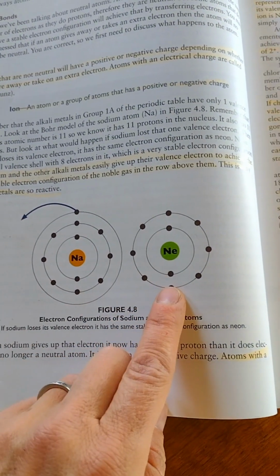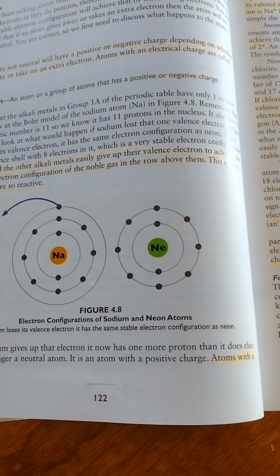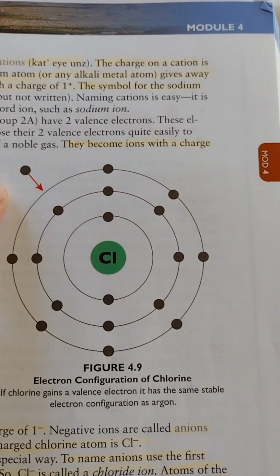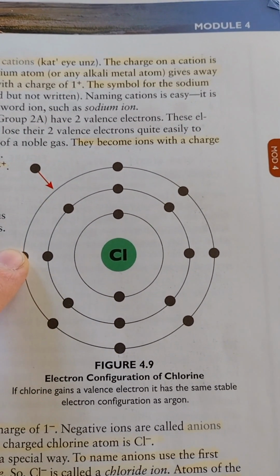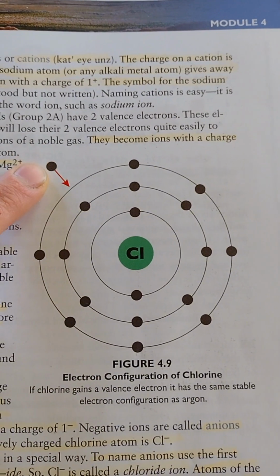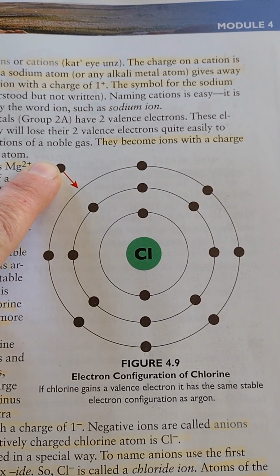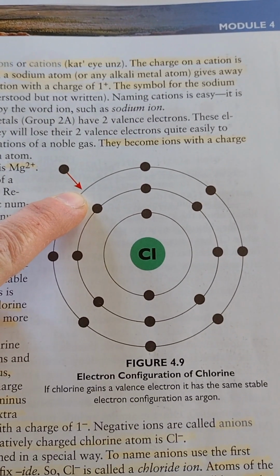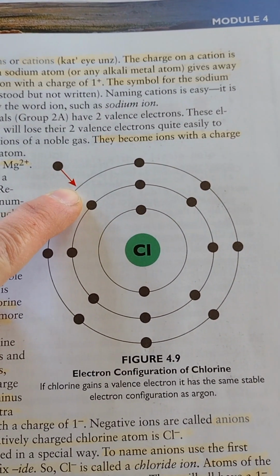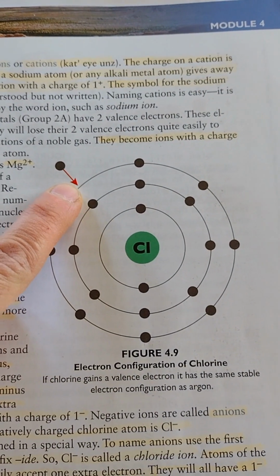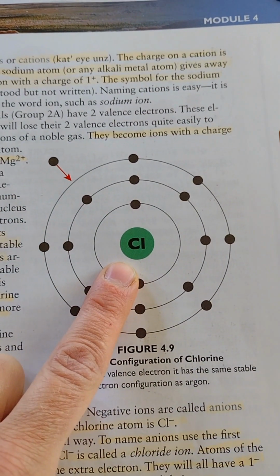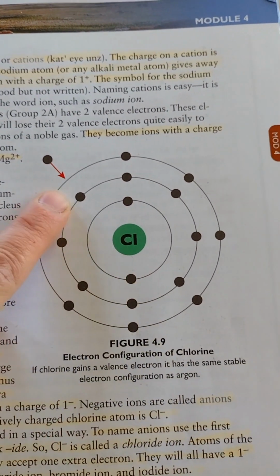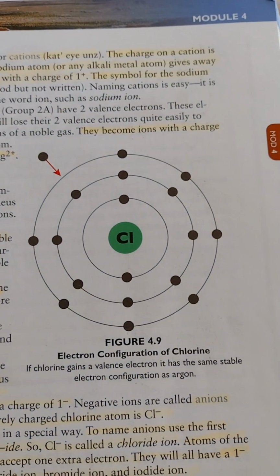And then if you have, let's say, chlorine, this has 7 valence electrons, and so it's going to naturally want to attract 1 more electron to fill its energy level with 8 electrons. And so what they do is bond together. Actually, let's back up. We won't do that yet.